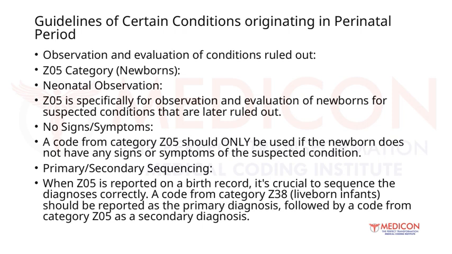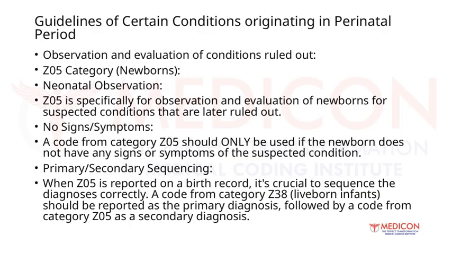Next, an essential point is that we should only use a code from category Z05 if the newborn shows no signs or symptoms of the suspected condition. If there are signs or symptoms present, different coding would be necessary, so this highlights the importance of assessing the newborn thoroughly before assigning this code.